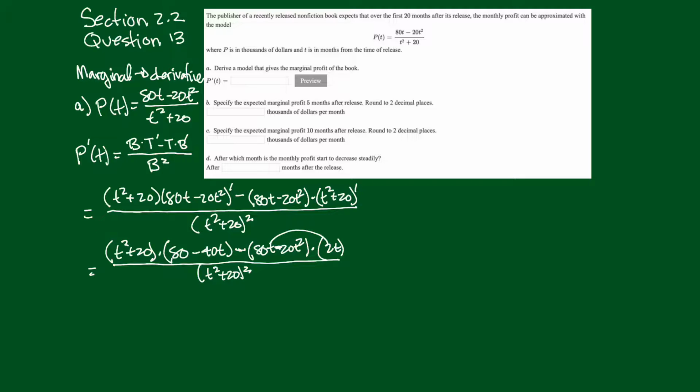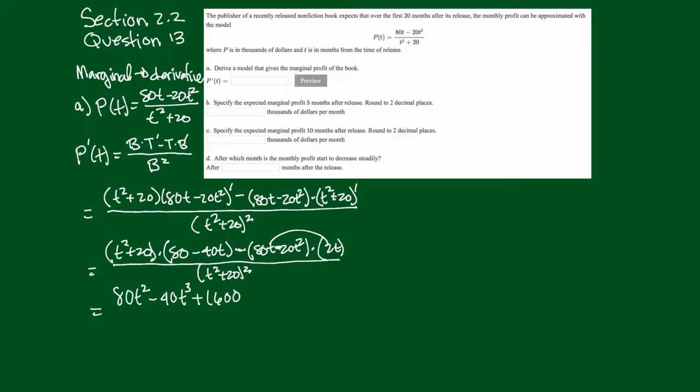Now I've got to multiply this out. I'm going to do it like this: first and first, the outer product, then the inner product, and then the last and the last. Kind of FOIL it, if you like that. The first and the first give us 80t squared. The outer product gives us negative 40t cubed. The inner product, 20 times 80, is plus 1600.